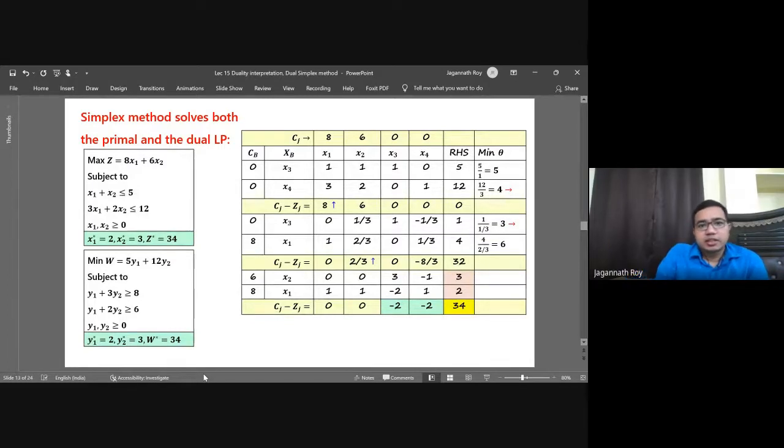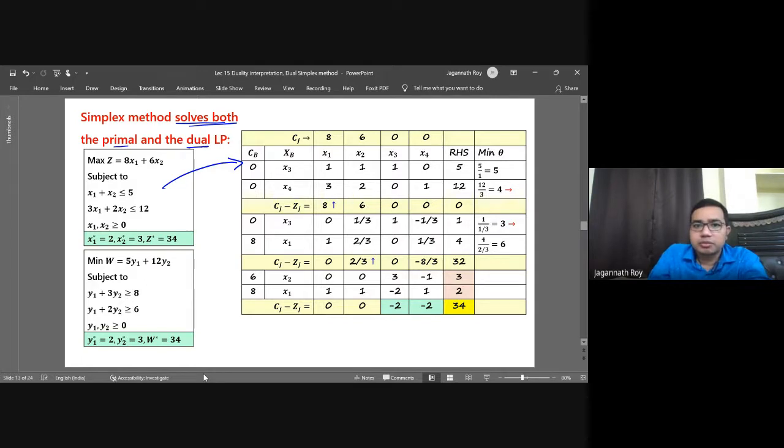Now, this is another beneficial property of the simplex method. It can read both the primal and the dual solution. Whenever you solve this problem, the simplex algorithm is actually solving the dual variables also.